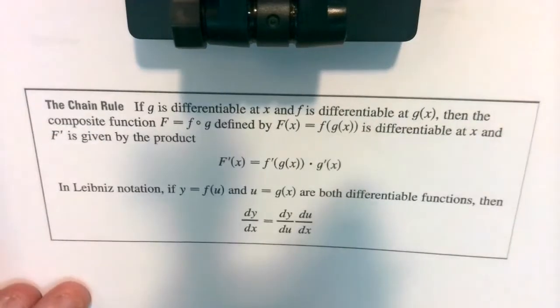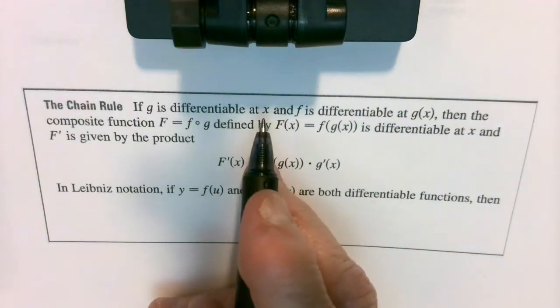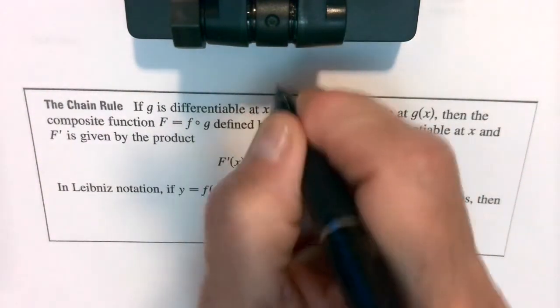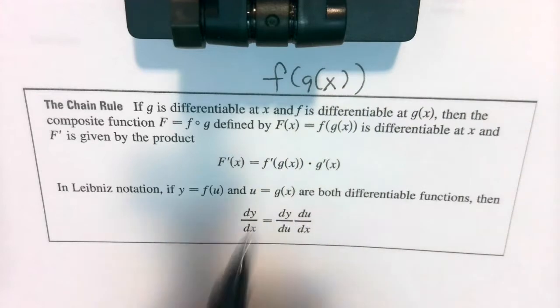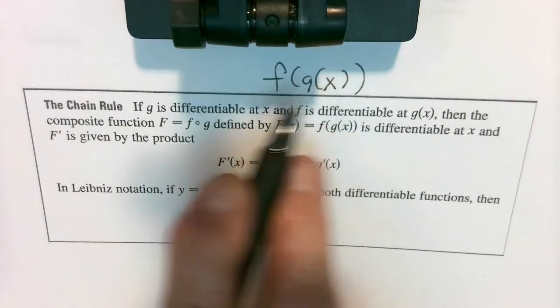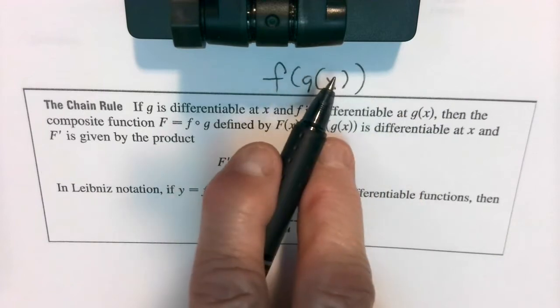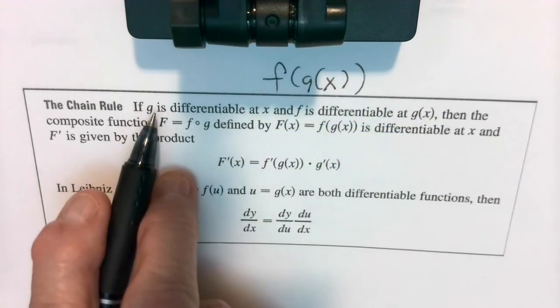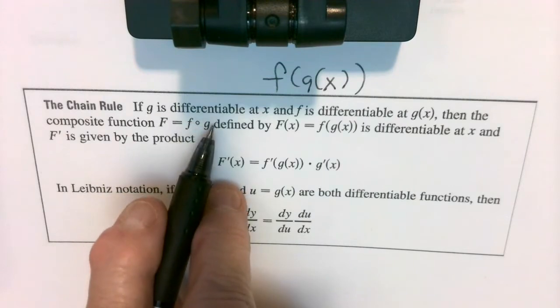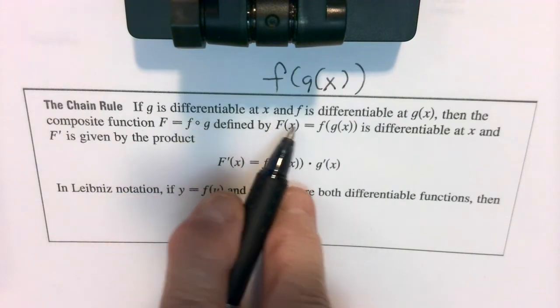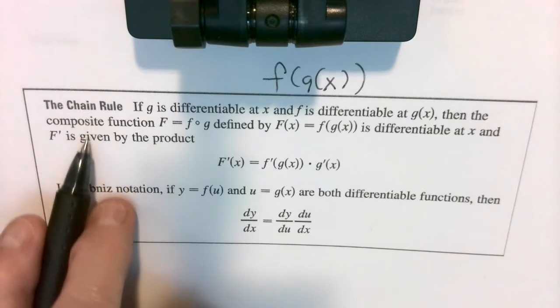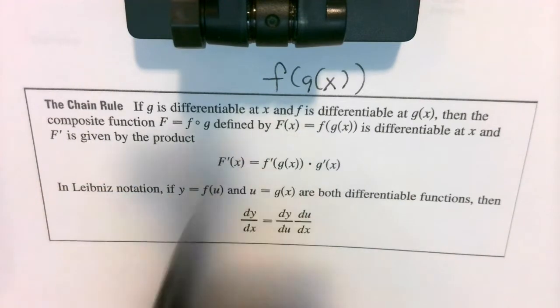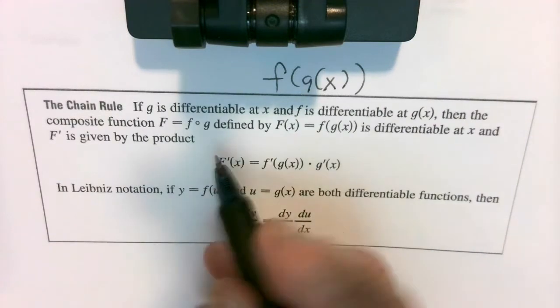So the way the chain rule goes: if g is differentiable at x, so remember we're talking about something like f of g of x, and f is differentiable at g of x, then the composite function, defined by big F of x equal f of g of x, is differentiable at x, and F prime is given by the product.